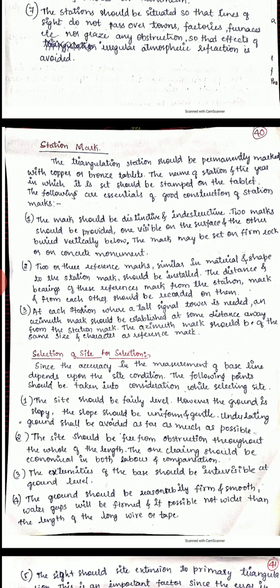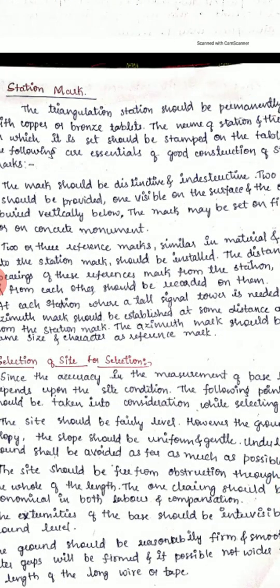In station mark, how will we mark the station? The mark should be distinctive and indestructible. Two marks should be provided, one visible on the surface and the other buried vertically below. The mark may be set on a firm rock or on a concrete monument.